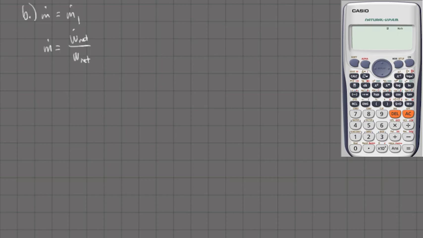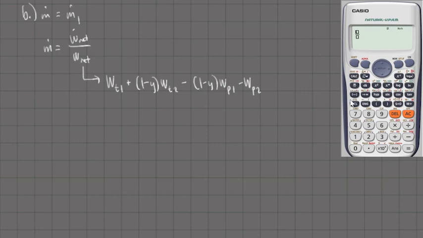The net work is now defined as WT1 plus 1 minus Y WT2 minus 1 minus Y WP1 minus WP2. This is basically the numerator in our equation for efficiency.